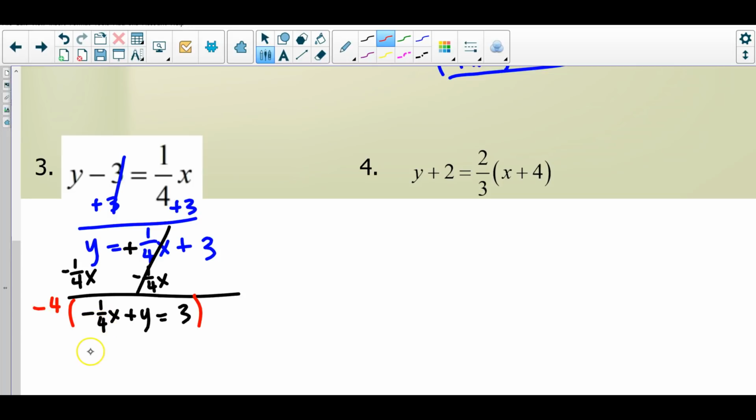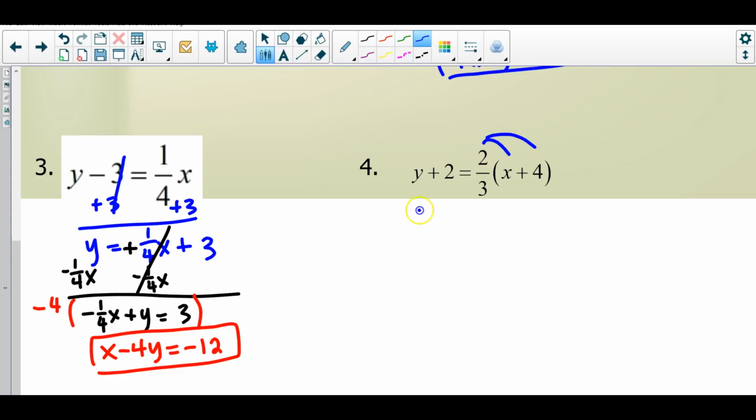Okay, so a negative times a negative is a positive. My 4's are going to cancel, which leaves me with x. Negative 4 times y is negative 4y. Negative 4 times 3 is negative 12. Okay, so x's and y's on the same side, no fractions or decimals, a value is positive. All right, let's go ahead and let's do number 4.